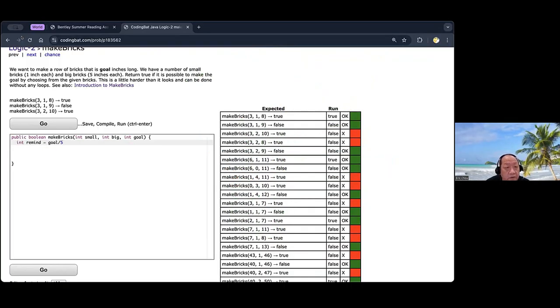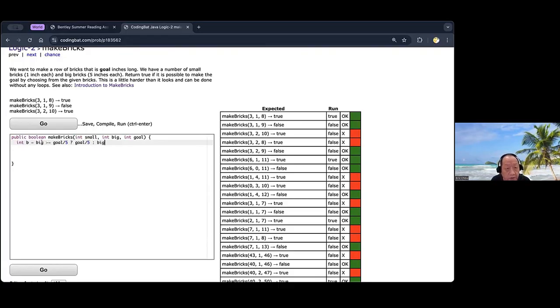So basically the first thing you do: the big one you will use, let's assume is B. This B number depends on whether the big one is bigger or equal to the goal. If so, you use goal divided by 5 as the number of big ones you use.